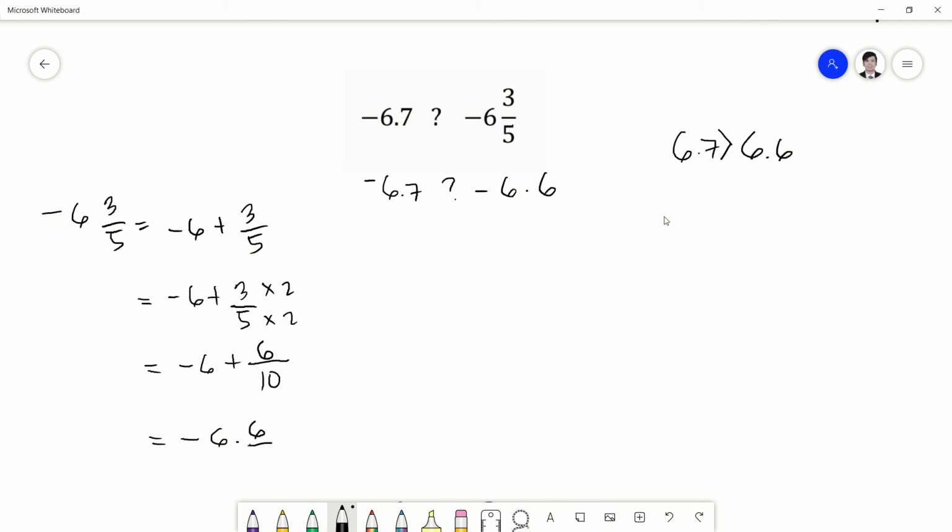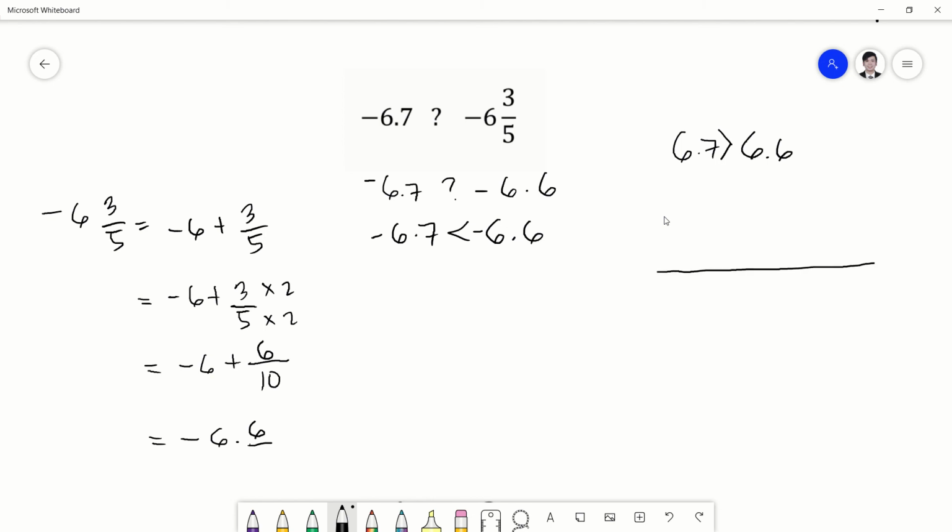If both become negative, that means that negative 6.7 now is lesser compared to negative 6.6.